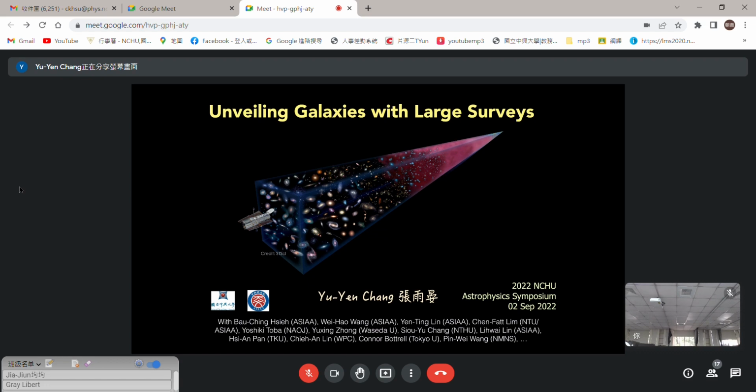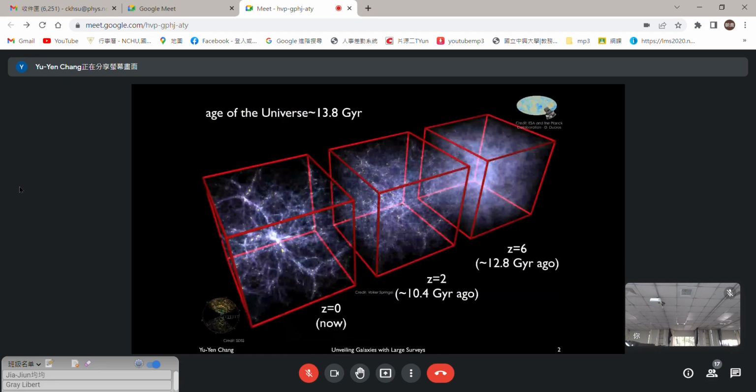So today I would like to talk about galaxies with large surveys. After the Big Bang, dark matter halos are formed out of the initial density perturbations. Then galaxies assemble their mass through accretion and mergers along the cosmic web.